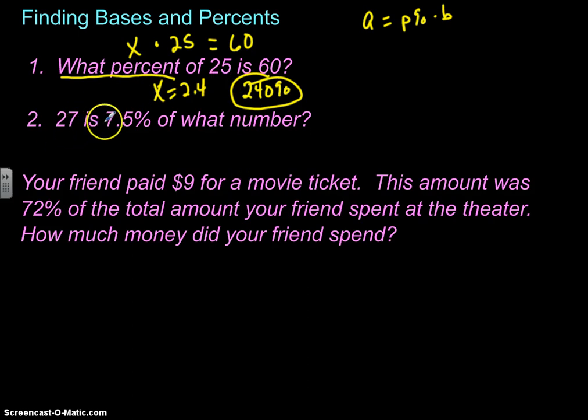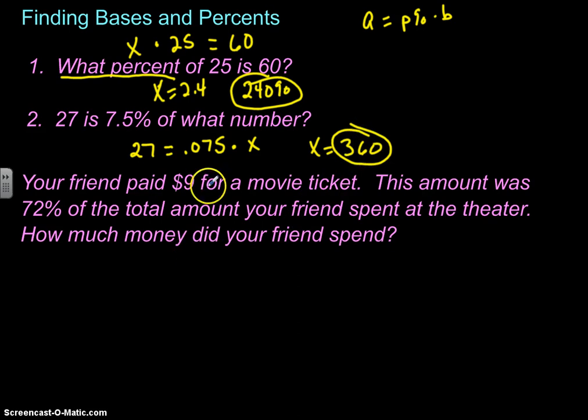Now here, just read it. 27 is equal 0.075 times X. Okay? So if I divide both sides by 0.075, so 27 divided by 0.075 equals 360.